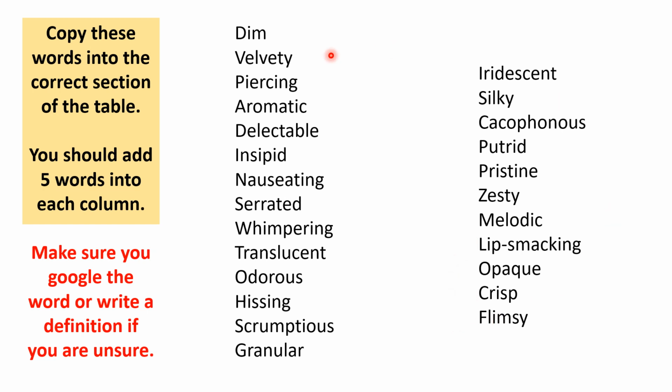So you need to pause the video and sort all of these words into each column. Remember, you need to put 5 in each one, leaving a total of 6. Please pause the video and complete that task now.